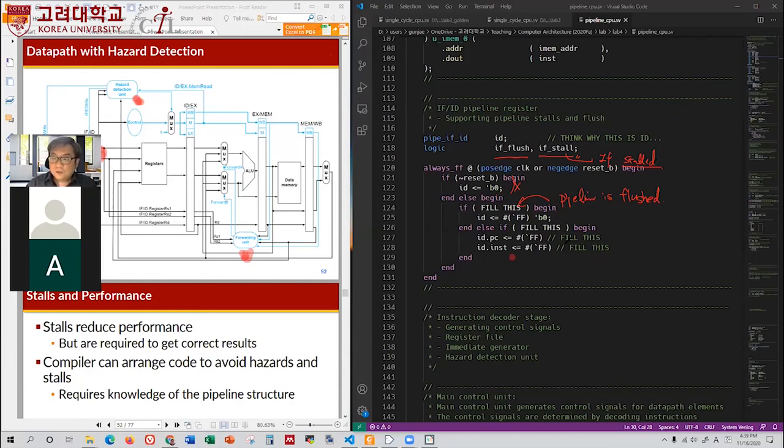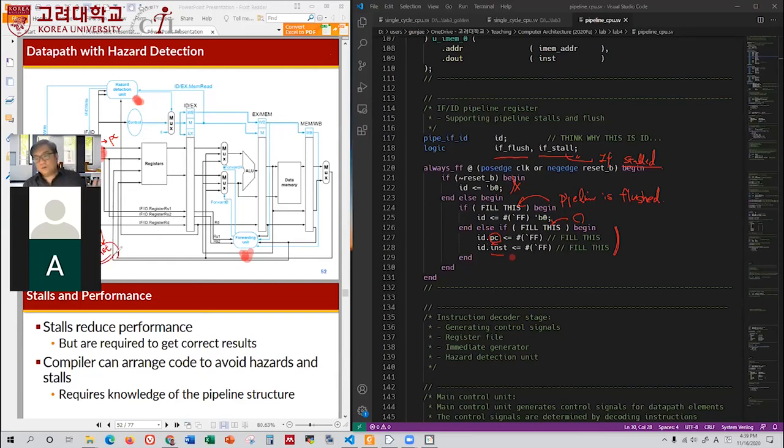Also you need to complete this pipeline. Based on this condition, this id.pc is the program counter in the ID stage, and id.inst is this inst signal.